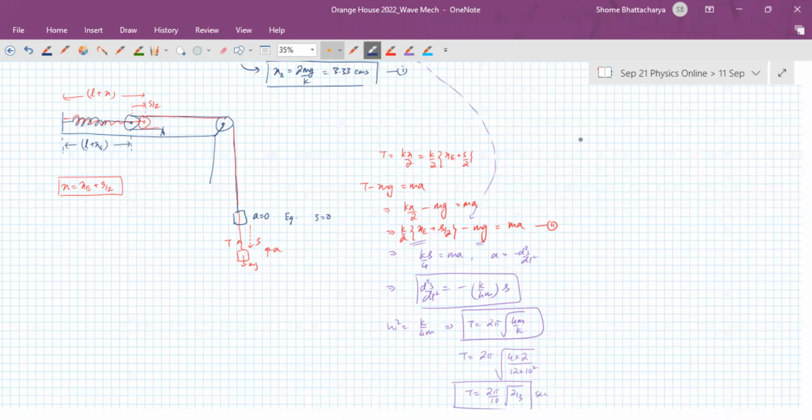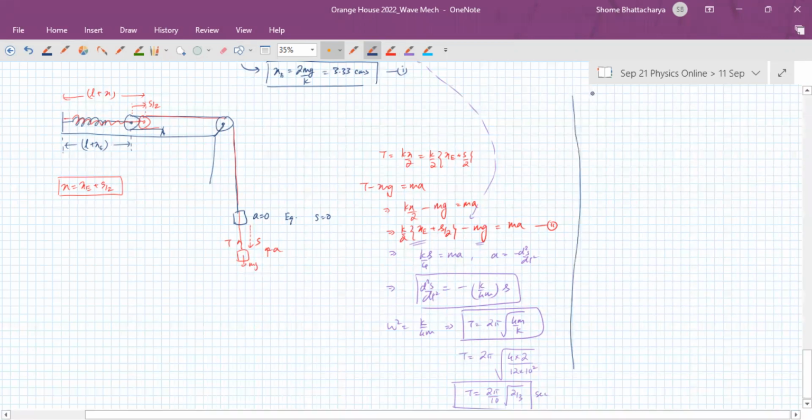Okay, now the next thing is that initially x is equal to 0. This is at natural length.